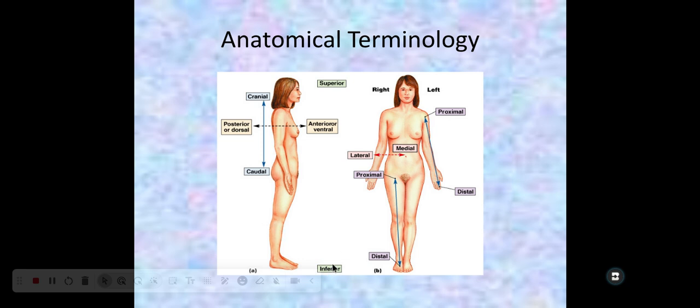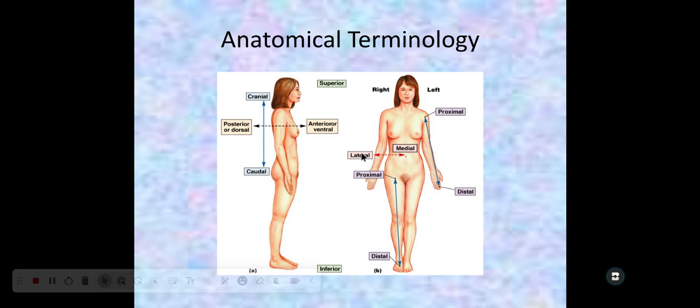Inferior is lower on the body, superior is higher on the body. Proximal, remember, proximal is closer to the point of attachment. Distal is further away. Same thing for the legs. Proximal, closer to the point of attachment, and distal is further away. Remember, the point of attachment is the shoulder area for the arms and the hip area for the legs.